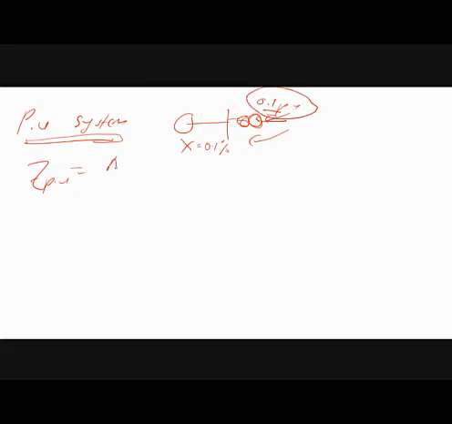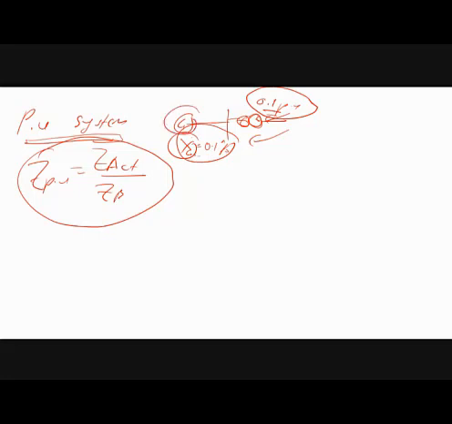Per unit value is the actual value over the base value, Z actual over Z base. This is the basic per unit value, referring to its own rating. So that means if the SG for the generator is 0.15%, actually this is the per unit value for the generator, referring to its rating. Let's say this rating is 100 MVA.